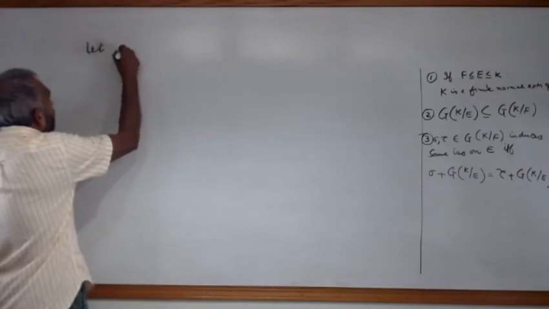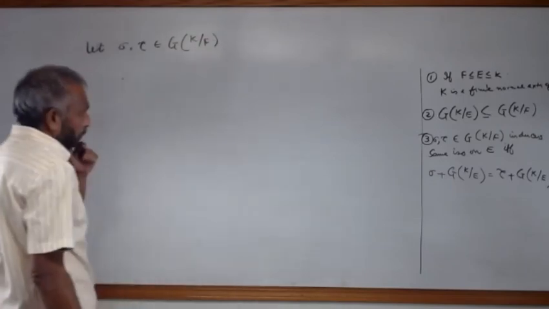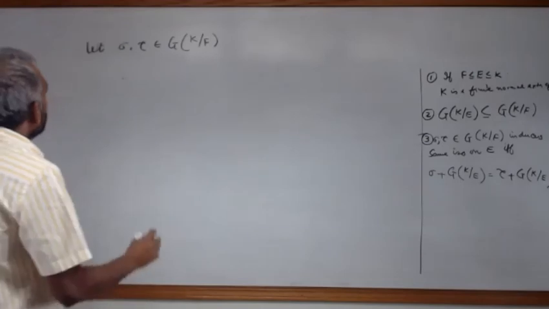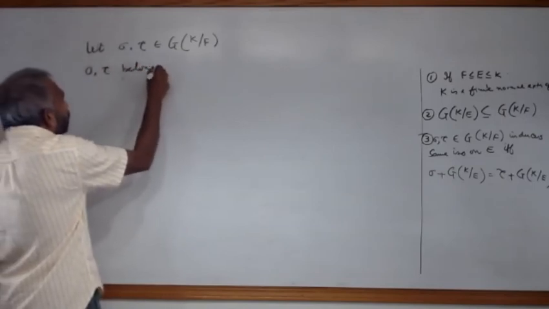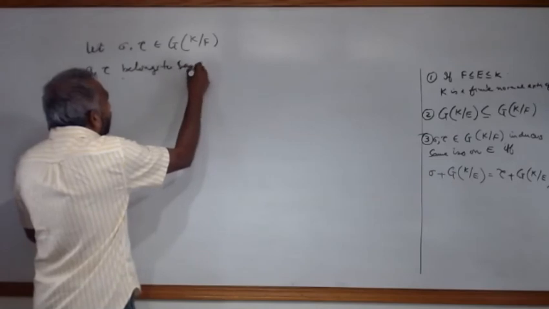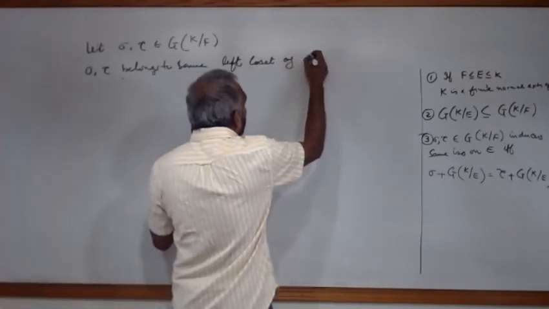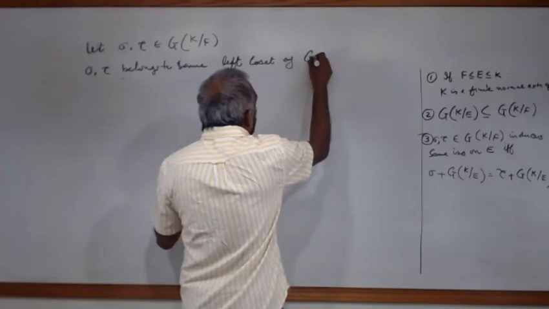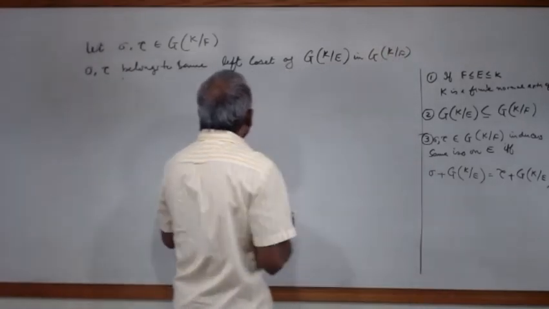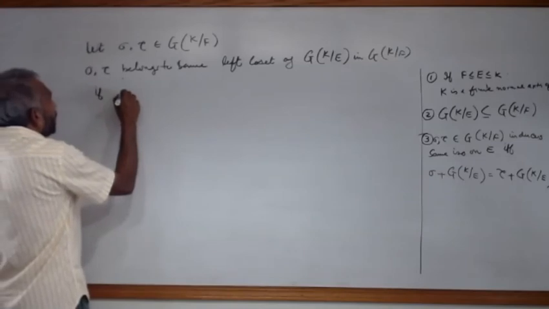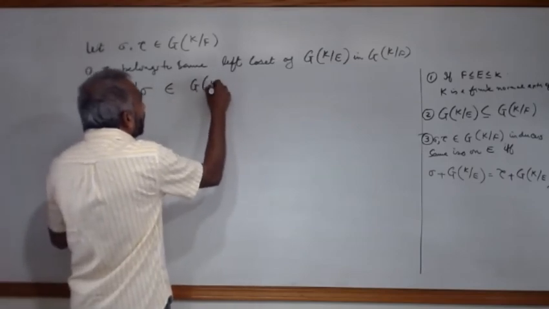Let sigma, tau belong to G(K/F). Sigma, tau belong to the same left coset of G(K/E) in G(K/F) if tau inverse sigma belongs to G(K/E).